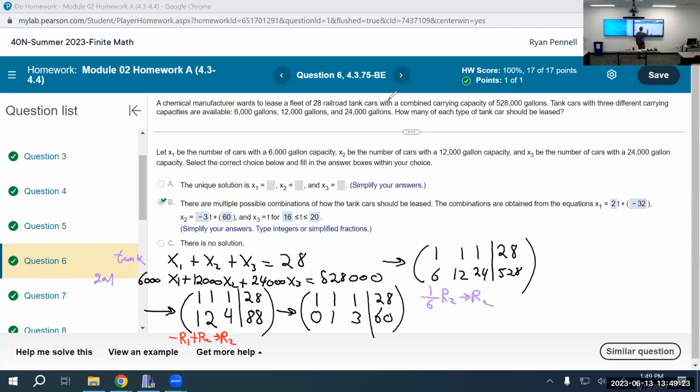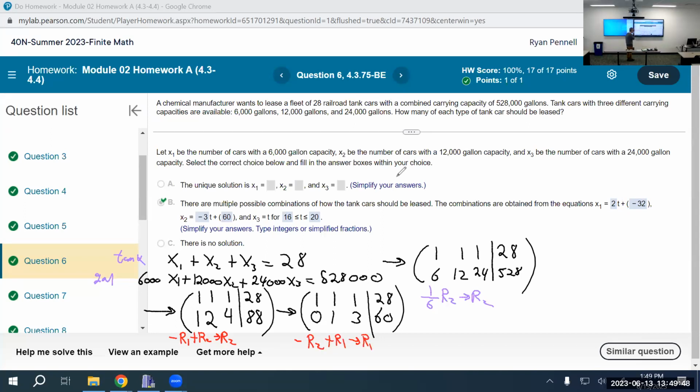Now, how am I going to get, not that one, excuse me, how am I going to get this to turn into a 0? Similar, I could do a similar thing where I could say negative row 2 plus row 1 becomes row 1.